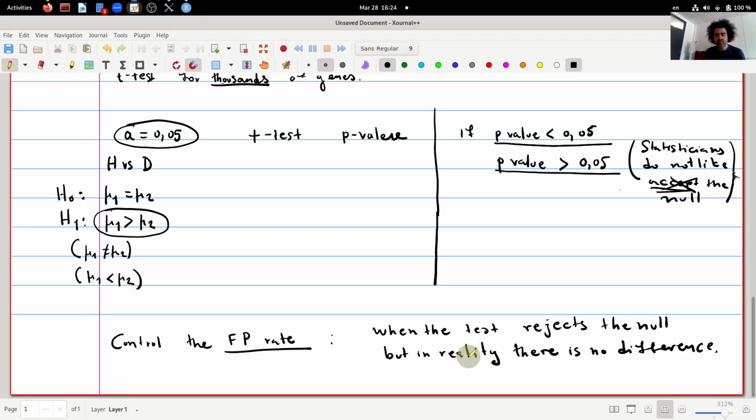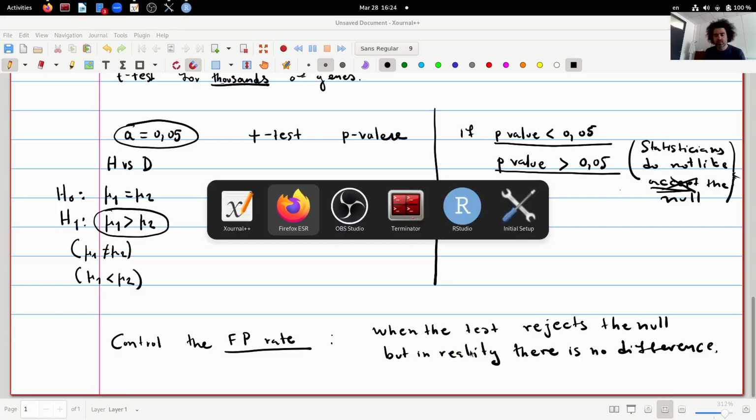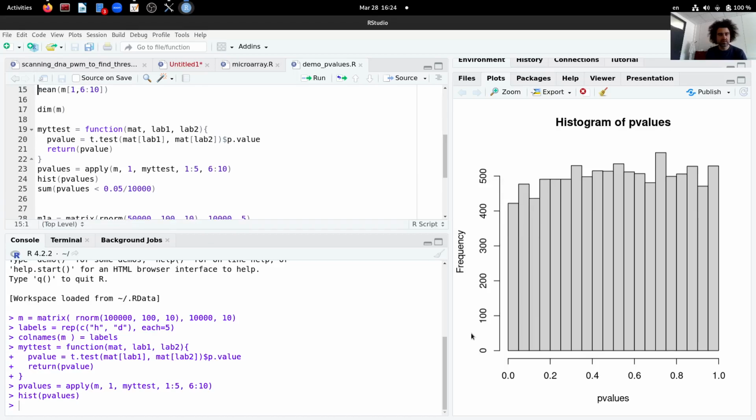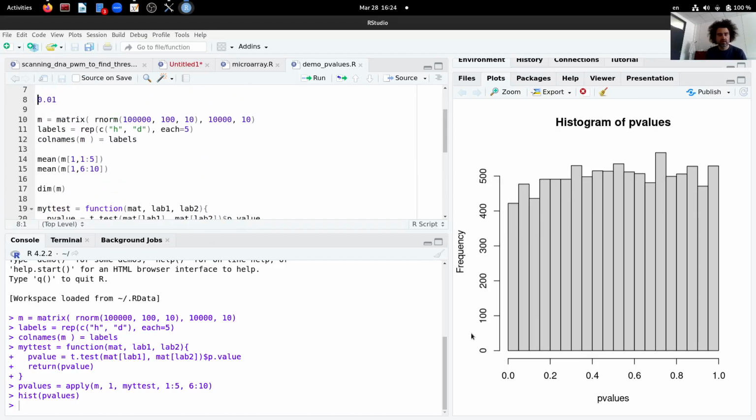If you remember the simulation that we did in the previous video, we had created an example of 10,000 genes. The expression levels of these genes in two populations, health and disease, are all coming from the same normal distribution with mean 100 and standard deviation 10.